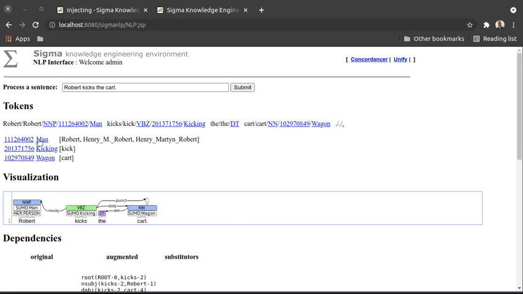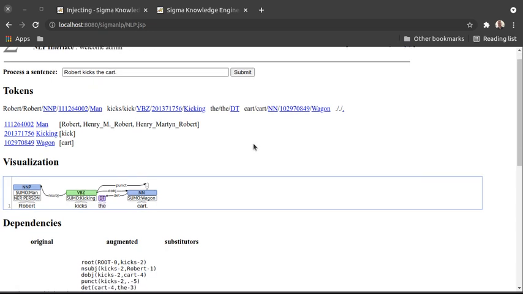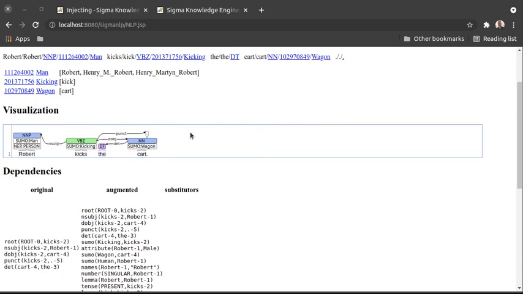Here we just highlight the word senses, the SUMO terms, and the WordNet words that correspond to that particular word sense. Here, WordNet has found that there are some somewhat famous people with the name Robert as a last name, and it's identified them as well, and we don't really know which Robert is being talked about.